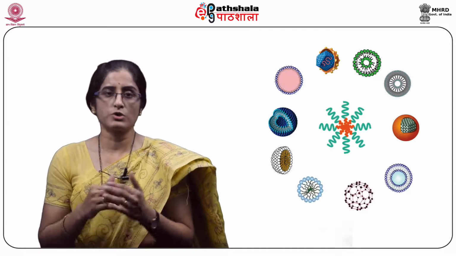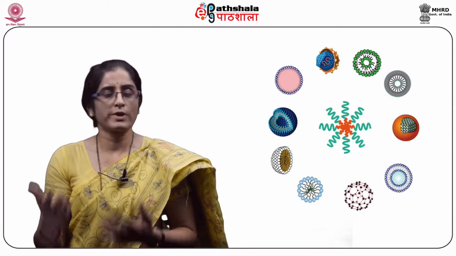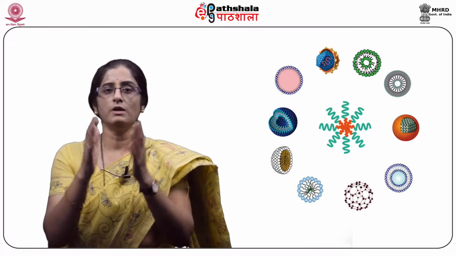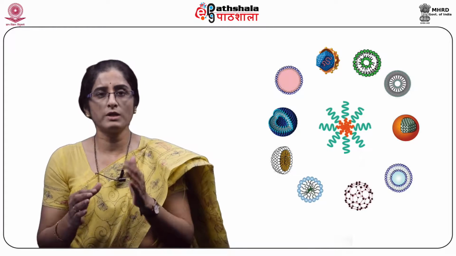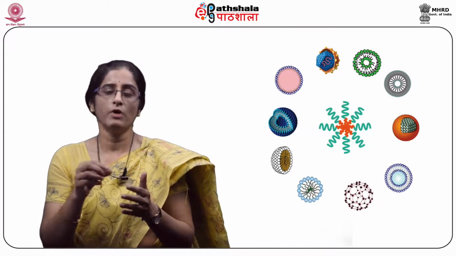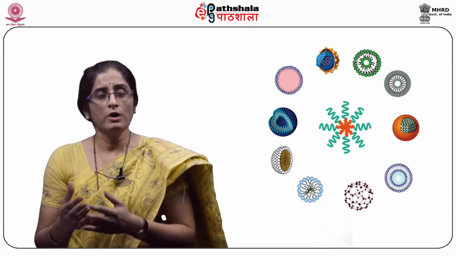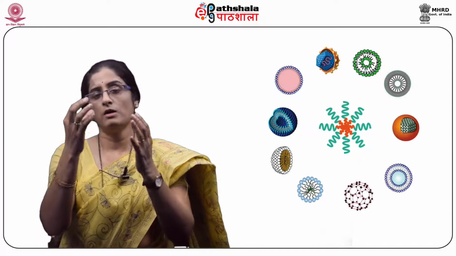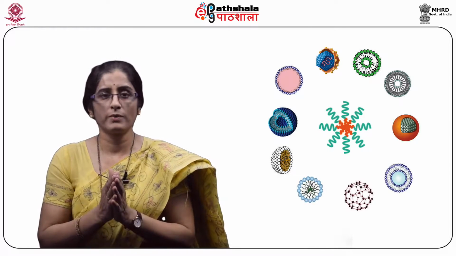After preparation of the solution or the suspension, it is subjected to spray drying. In the spray drying, there is one drying chamber, and in this drying chamber, we put the slurry or the solution of core and the coating material. Through the atomizer, we produce a very fine mist or very fine spray of this slurry.